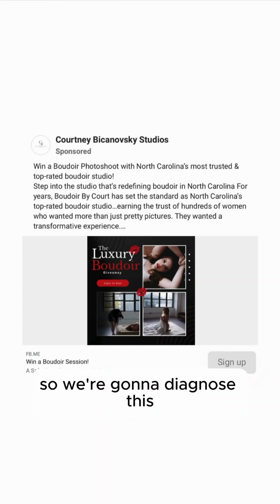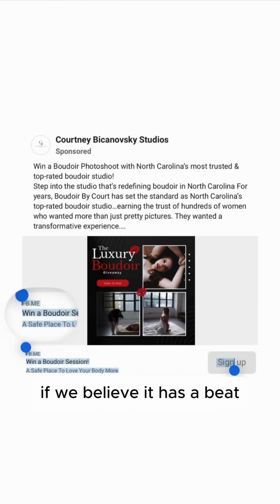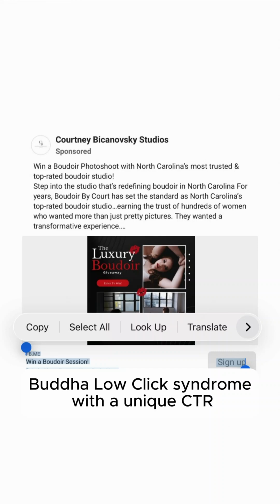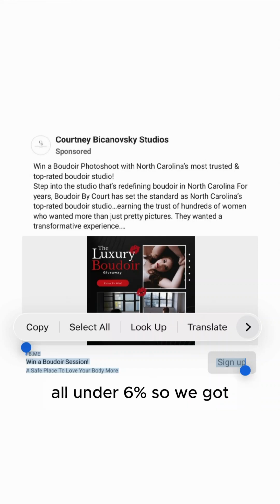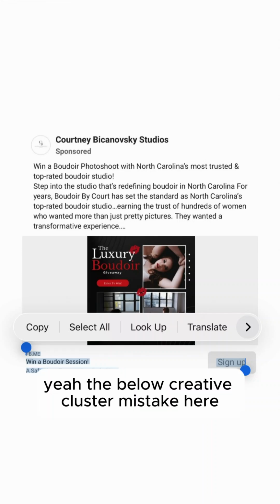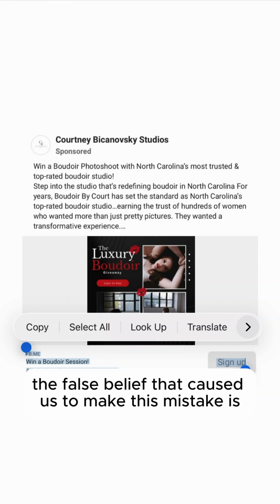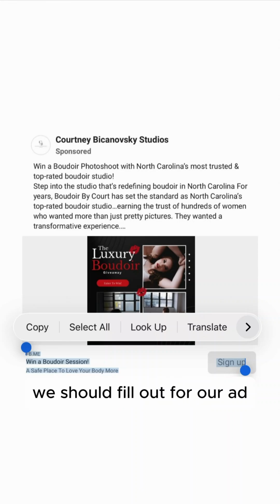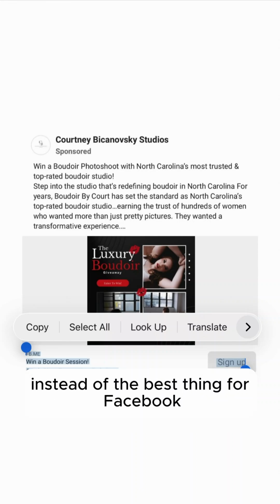All right, so we're going to diagnose this. We believe it has BLCS, Boudoir low click syndrome, with a unique CTR all under 6%. So we've got the below creative cluster mistake here. The false belief that caused us to make this mistake is we're trusting what Facebook says we should fill out for our ad is the best thing for us instead of the best thing for Facebook.